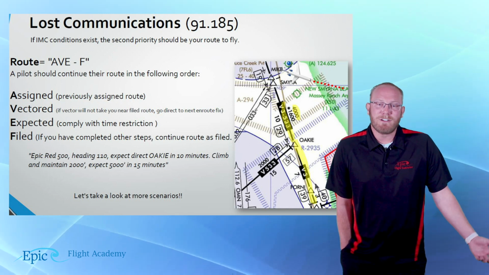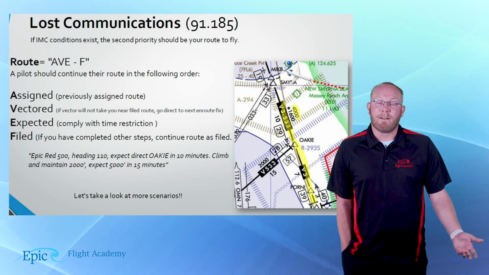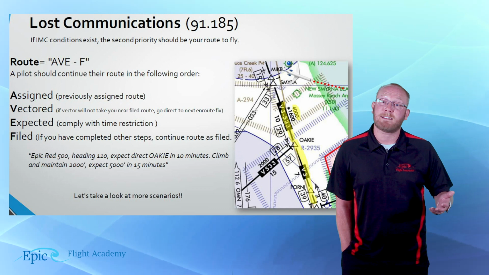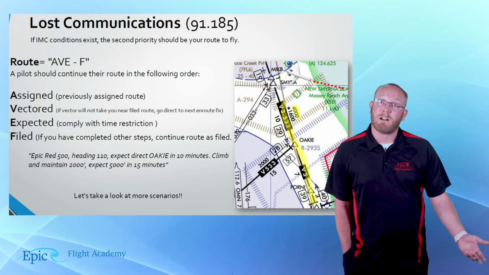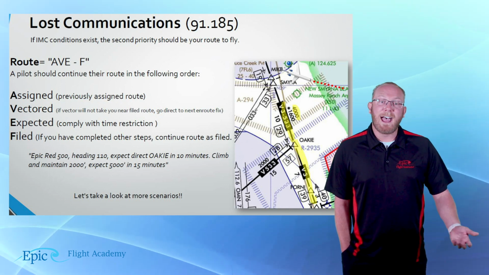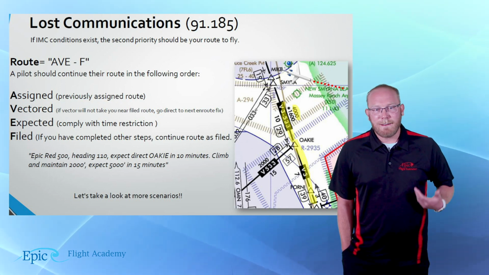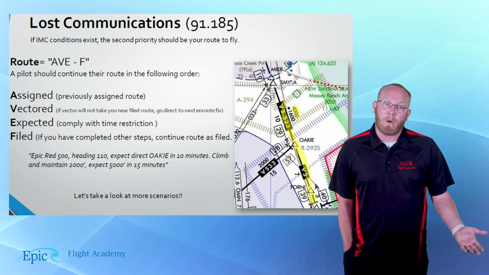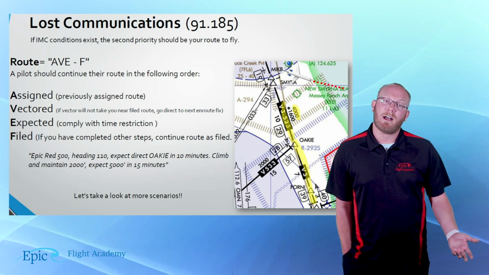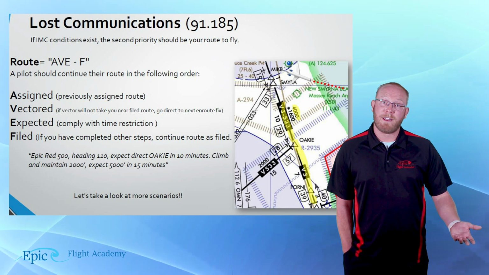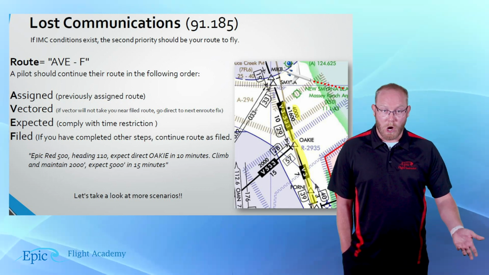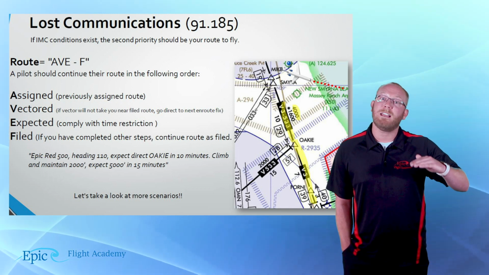Next, E, this is your expected route. Again, sometimes ATC will put a time restriction for your route that you are expected to follow as pilot in command. The last, F, filed, right? If you've gone through them all, the last thing that you're going to rely on is what you've actually filed on your flight plan with the FAA before you have taken off. And you want to follow these in that order.